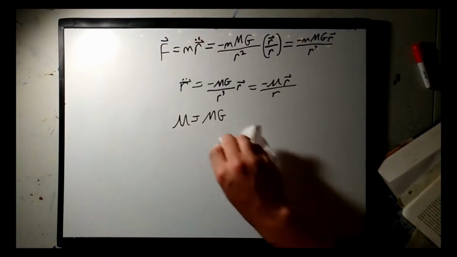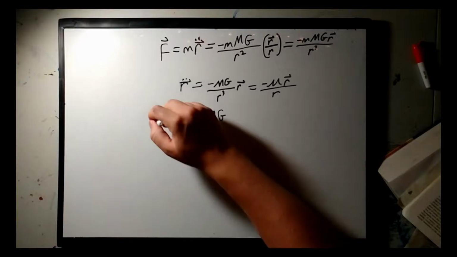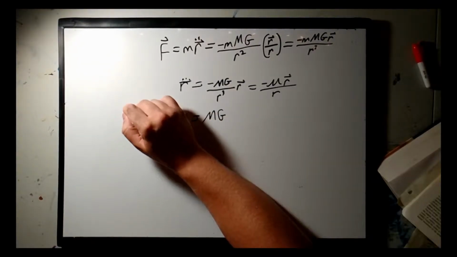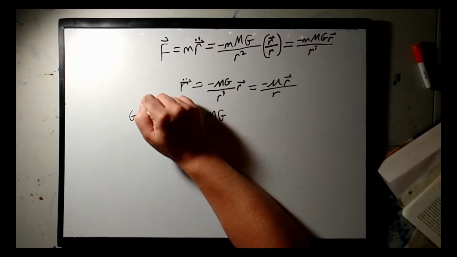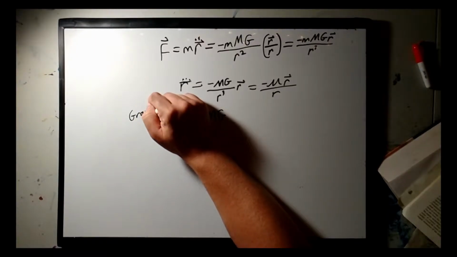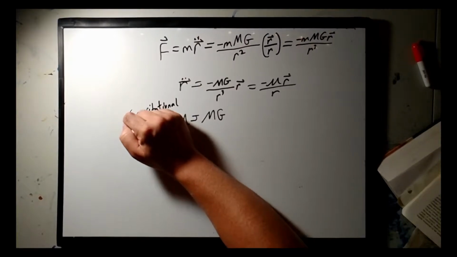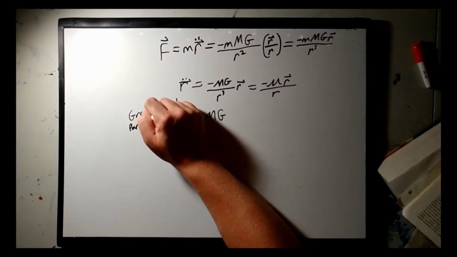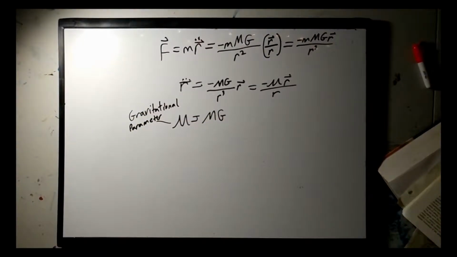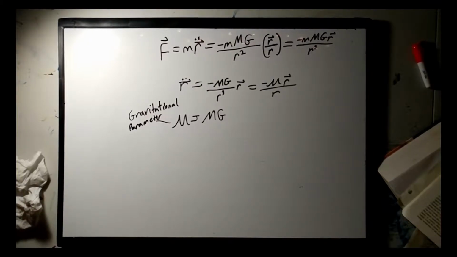All right. So let me just go ahead and write gravitational parameter. All right. So now that we've got our equation, we're going to try and solve the two-body problem.